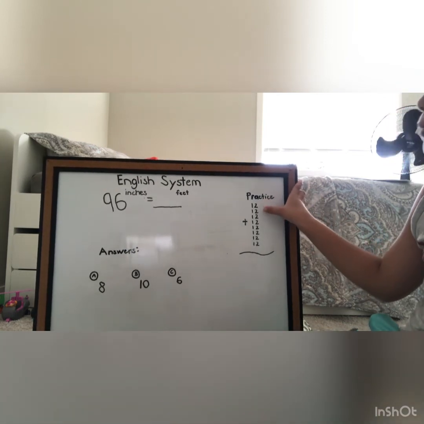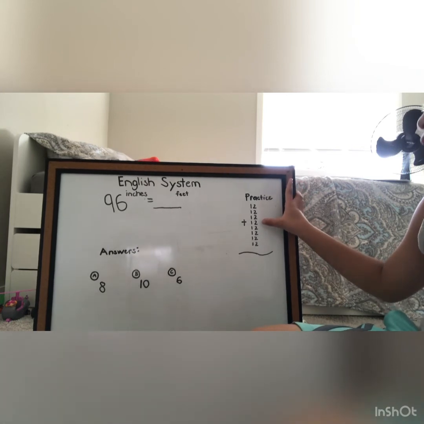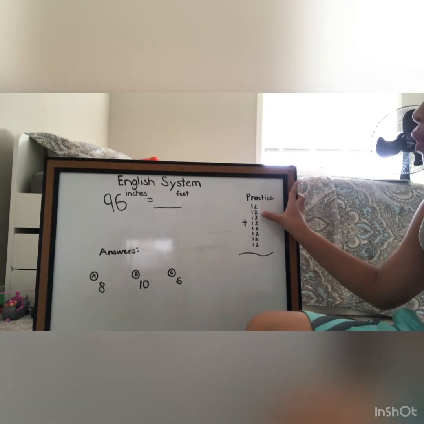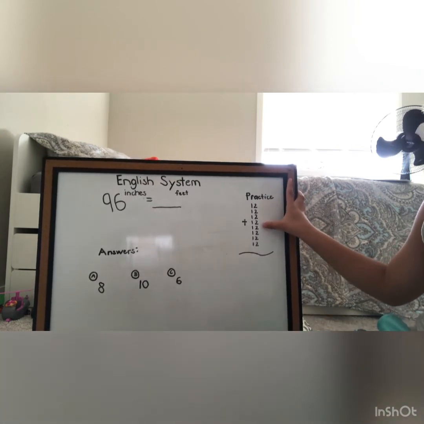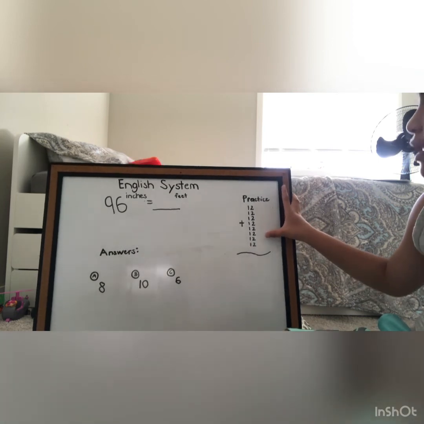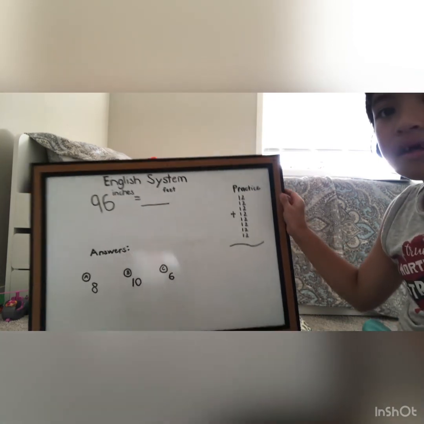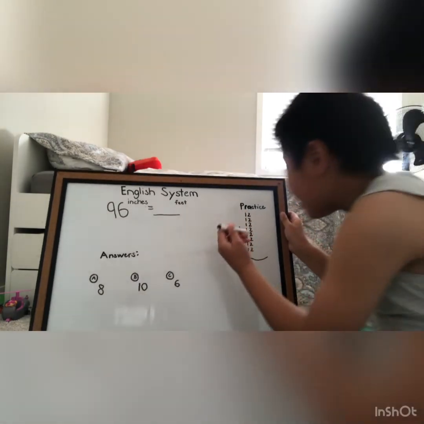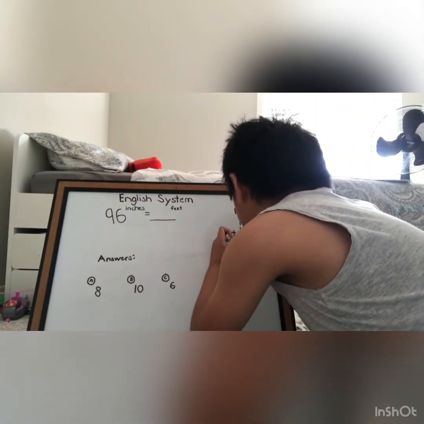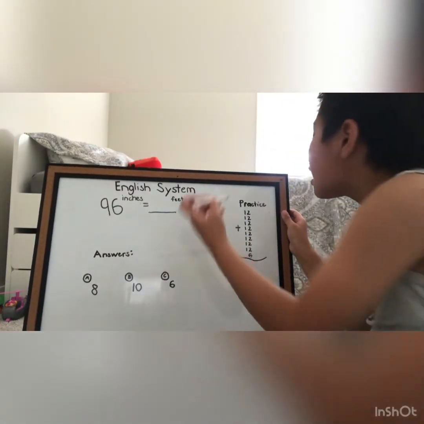So 2 plus 2 plus 2 plus 2, 4, 6, 8, 10, 12, 14, 16. So I add a 6. And then I add a 1.